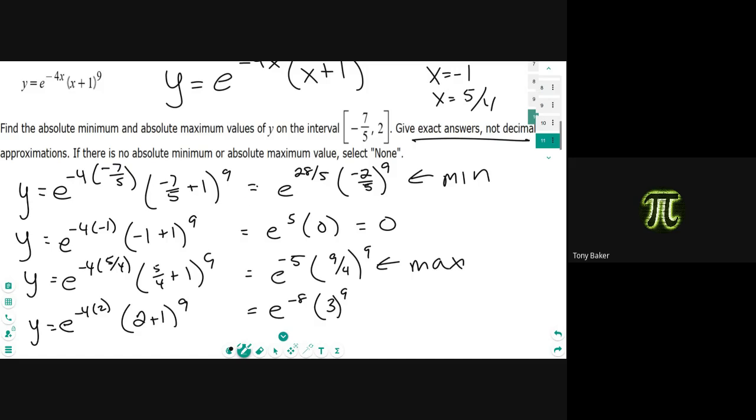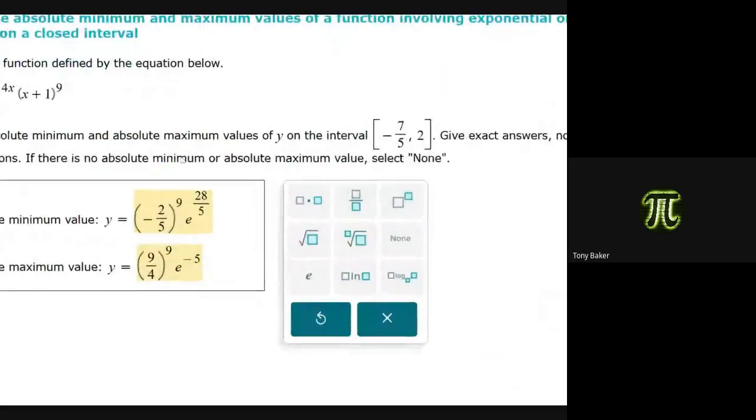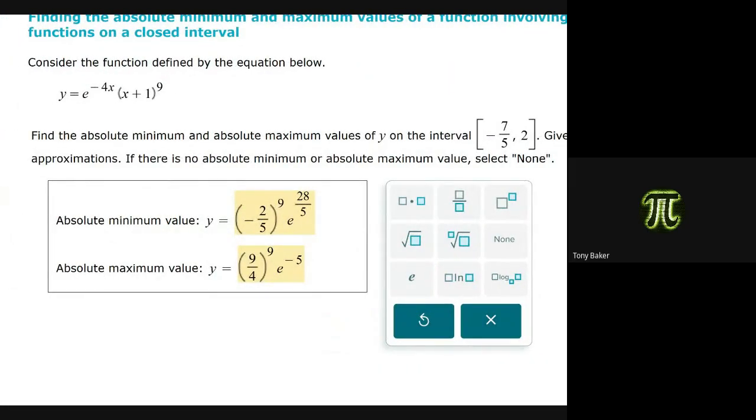And just so you know, you can literally type it like that into Desmos. I mean, not into Desmos, into Alex. You don't have to simplify it any more than that.